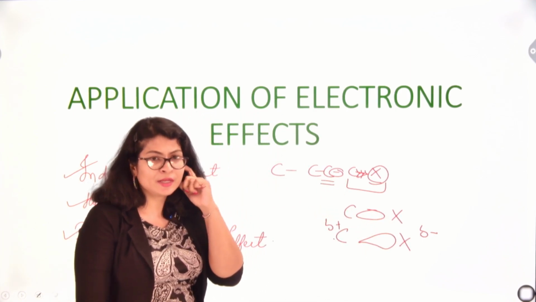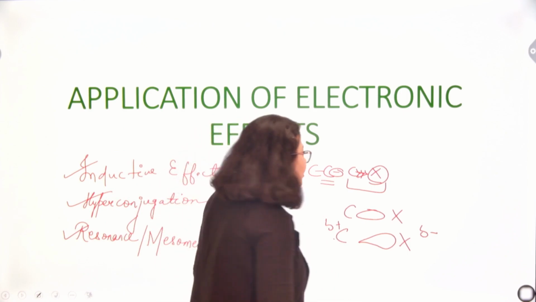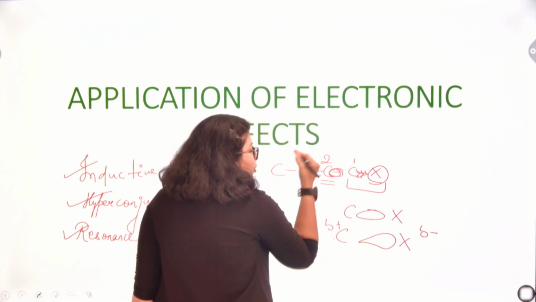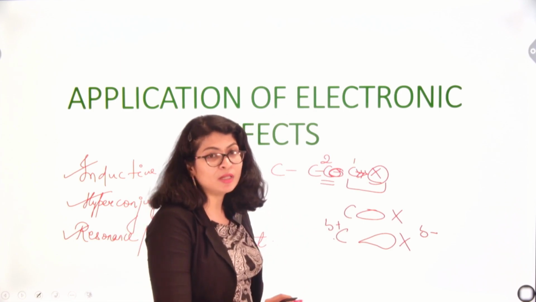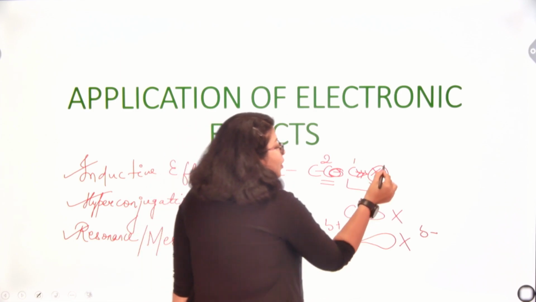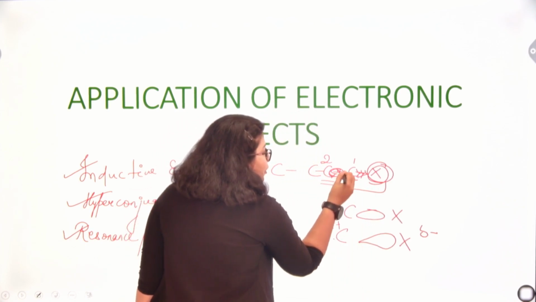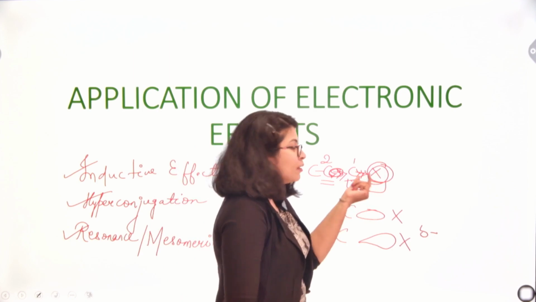They have no electronegativity difference. So the pull that carbon number 1 will exert on carbon number 2 is very minimal as compared to what X will exert on this carbon. So this pull will be much less than between this carbon and X.